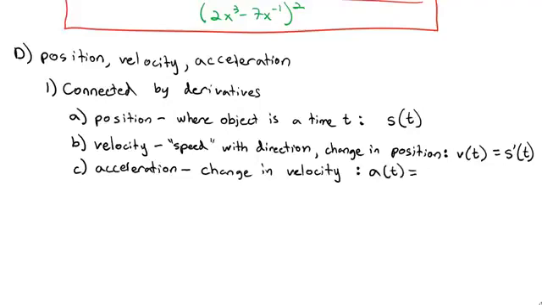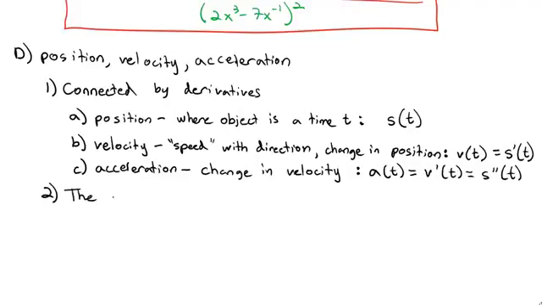And because that's describing the change in velocity, that's the derivative of the velocity, or the second derivative of the position. So knowing that we have this relationship between position, velocity, and acceleration, all connected by the derivative, we can solve problems in relationship to these three questions.